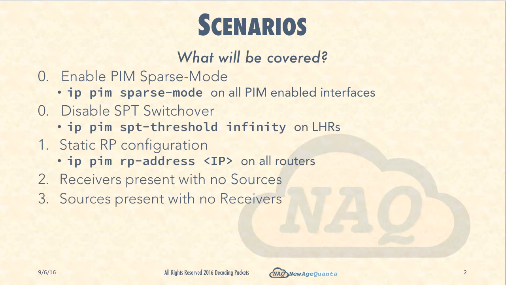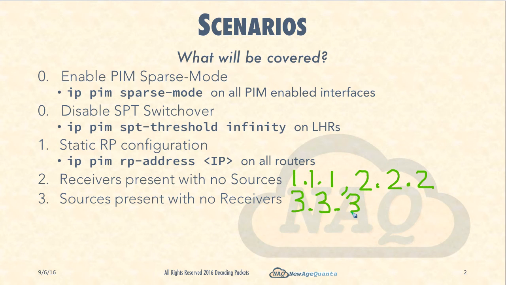So for this particular scenario, let's pick a group. In our receivers present with no sources scenario, if you remember, those were groups 1.1.1 and 2.2.2, both of them prepended with 239. In this case, sources present with no receivers, let's work with group 333.